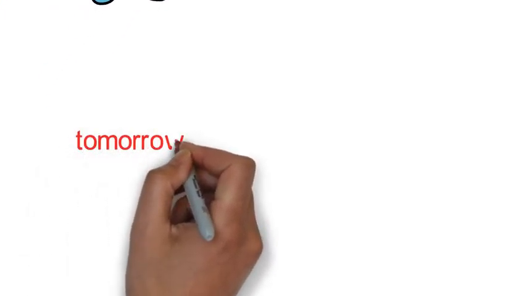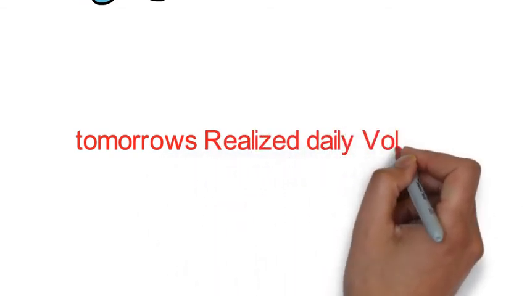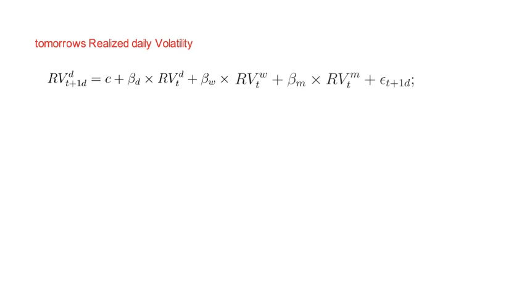So mathematically, Corsi in 2009 writes that as tomorrow's realized daily vol equals the following expression: a constant plus beta d times realized daily vol at the previous day plus beta w times the realized vol of the previous week plus beta m times the realized vol of the previous month plus an epsilon error.